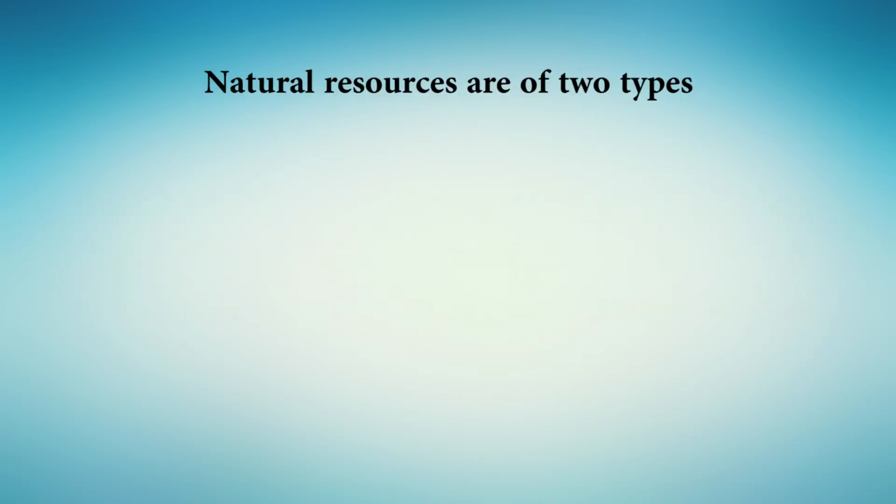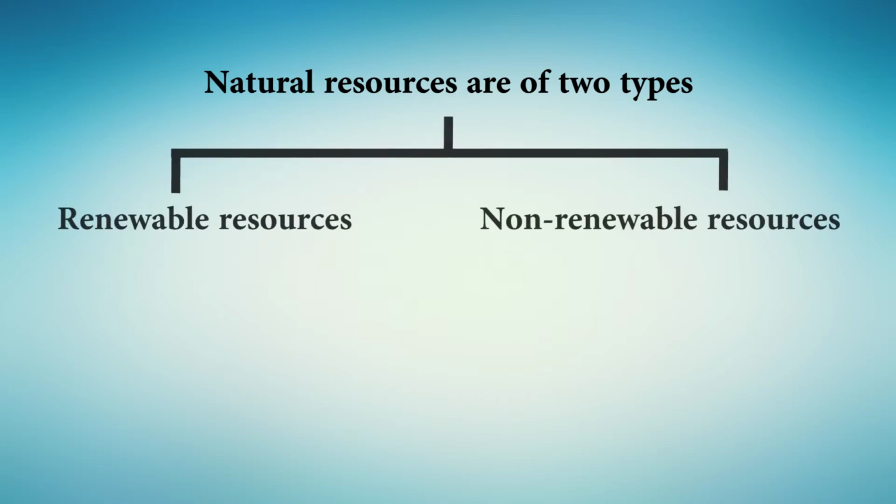generations. As we already know, natural resources are two types: renewable resources and non-renewable resources. If there is no proper conservation of resources, then even renewable resources can become scarce and the non-renewable ones can definitely get exhausted.